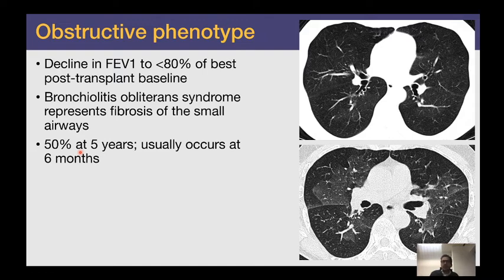One clue though, on an inspiratory image, if the lungs look too dark, you might be looking at bronchiolitis obliterans. Okay, so you have to have sort of a database in your mind of what normal lung density looks like. But if the lungs look too dark, then you should think about bronchiolitis obliterans, particularly if they're like 6 months out from their transplant.